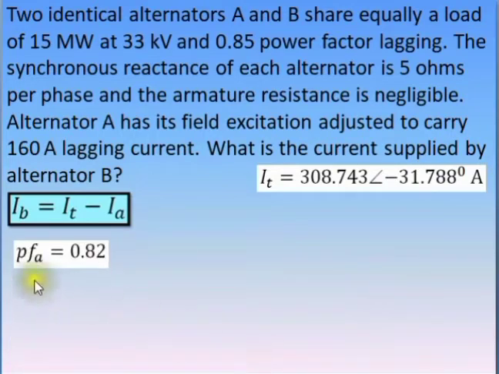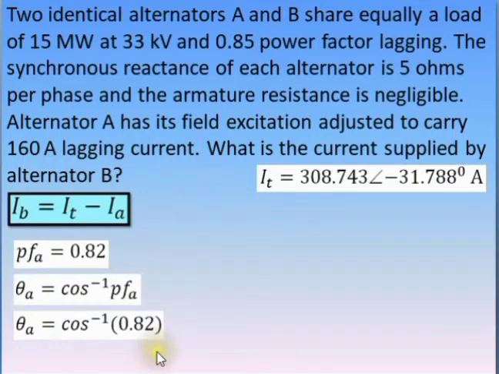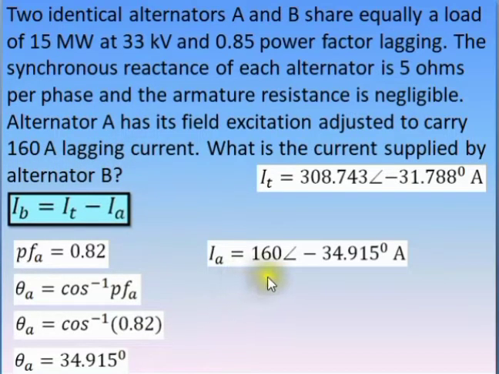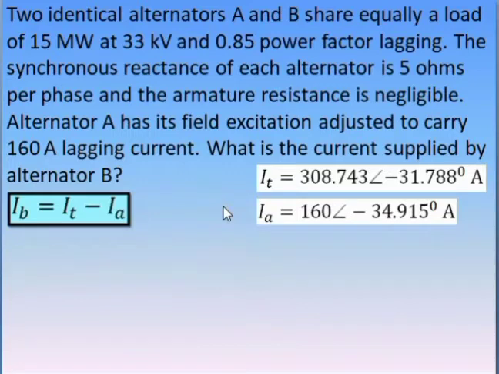Ngayon nakuha natin yung power factor ng alternator A, kunin naman po natin yung kanyang angle. So we have the inverse cosine of 0.82, ang angle po dito ay 34.915 degrees. Combining it with 160 amperes at lagging power factor, so syempre meron tayong 160 angle negative 34.915 degrees amperes. Ngayon nakuha na po natin yung mga values dito, substitute po natin sa equation na ito.